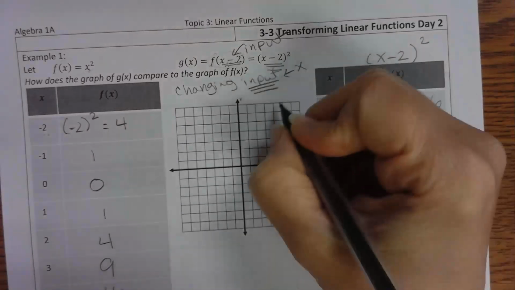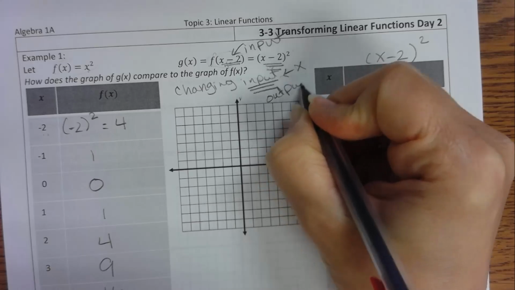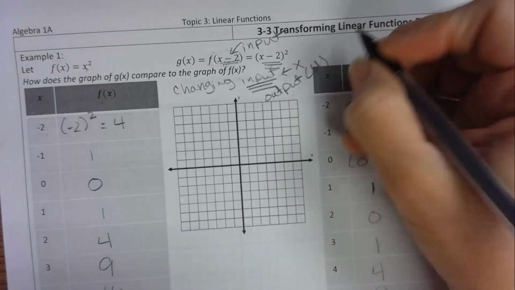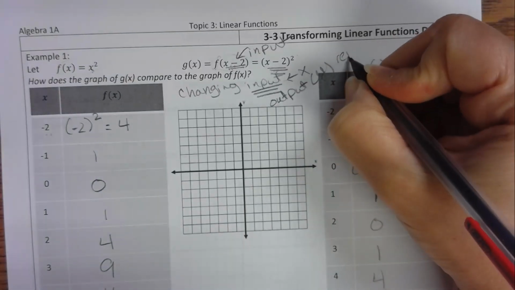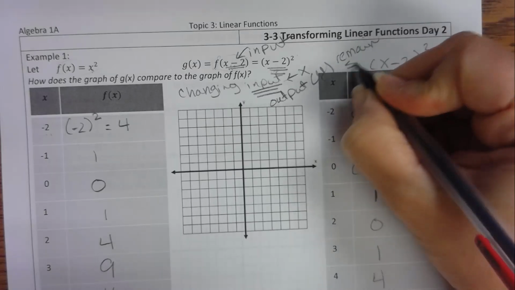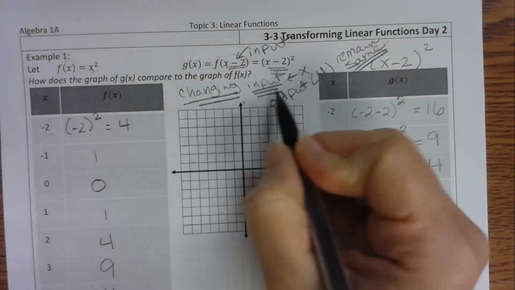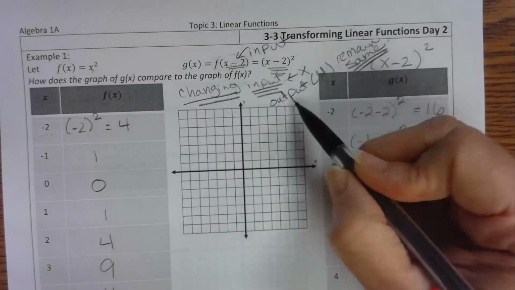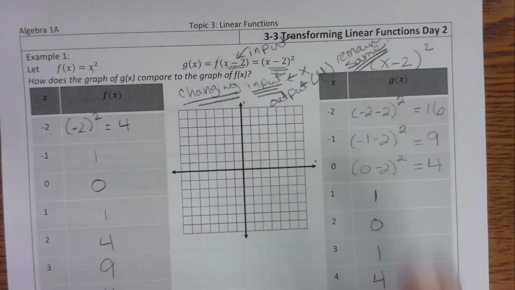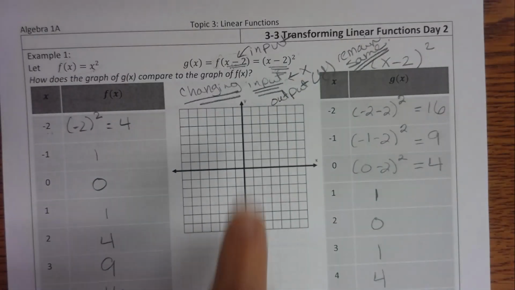Okay, so the output, which is the y values, remain the same. Okay, changing input, output remains the same. So how are we going to look at the table and use this fact?